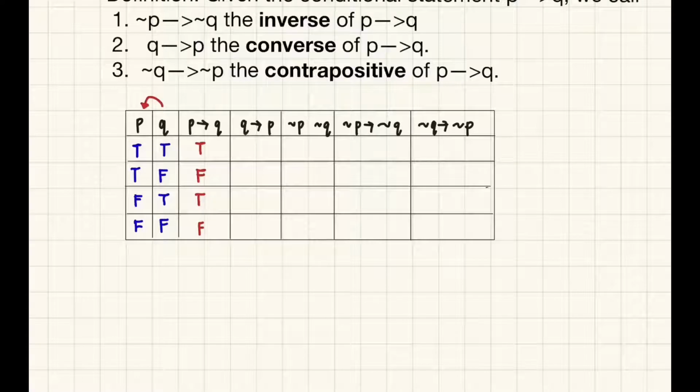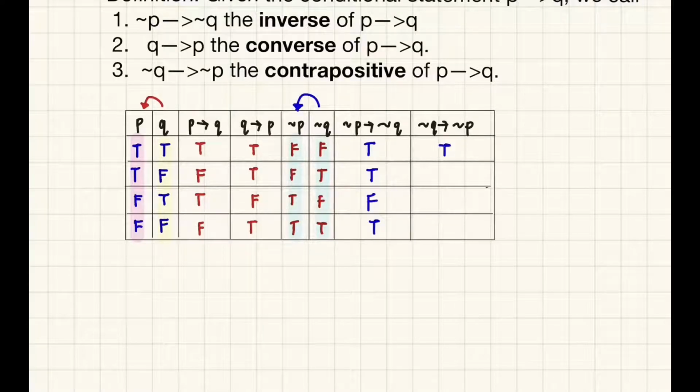Then let's look at the converse, if Q then P. And again, to get not P, we just have to negate all the values in the columns of P. The same thing with not Q, just negate all the values in the columns of Q. Now, for inverse, we just have to look at the columns not P and not Q and apply the rules of the conditional statements.